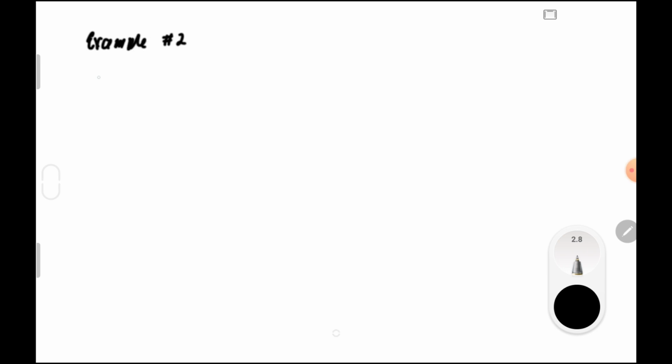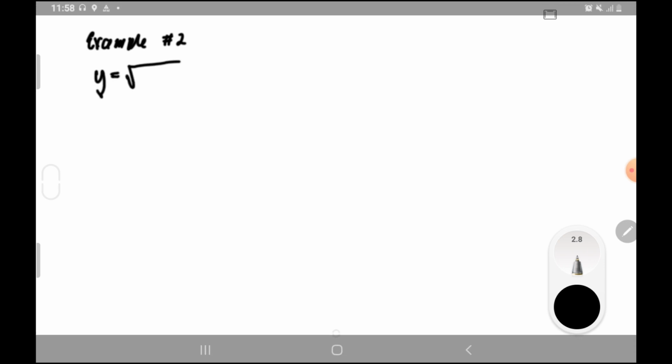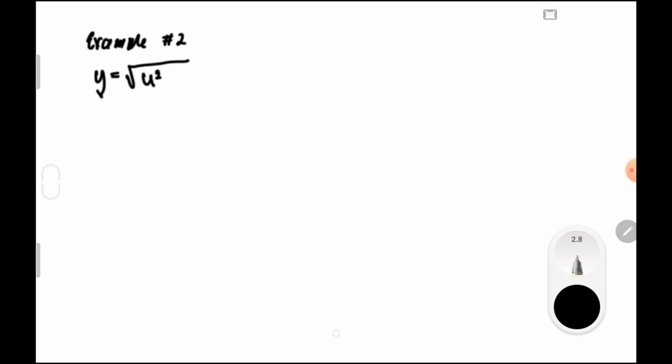So let's have y equal to the square root of u squared minus 1, wherein your u is equal to 4 square root of x.